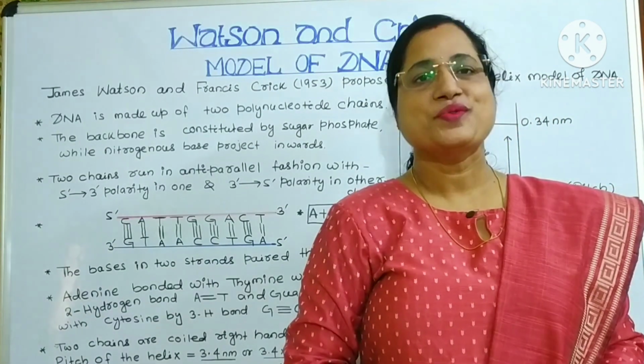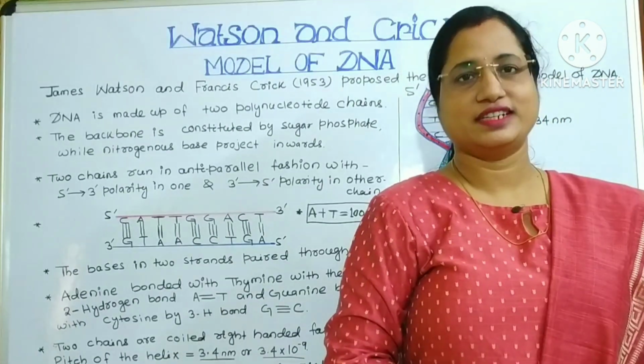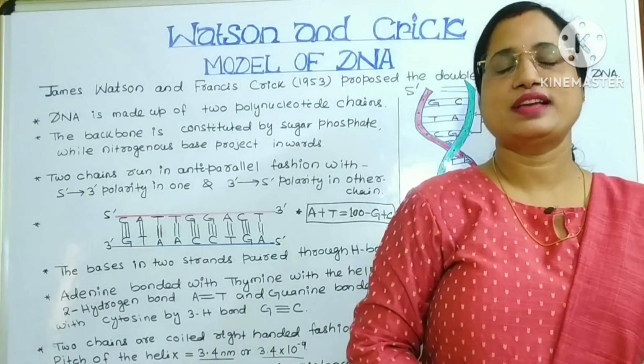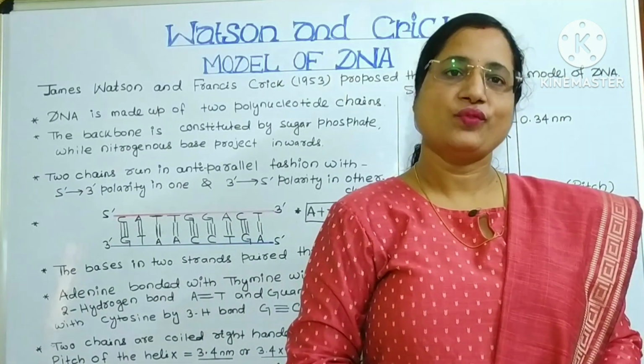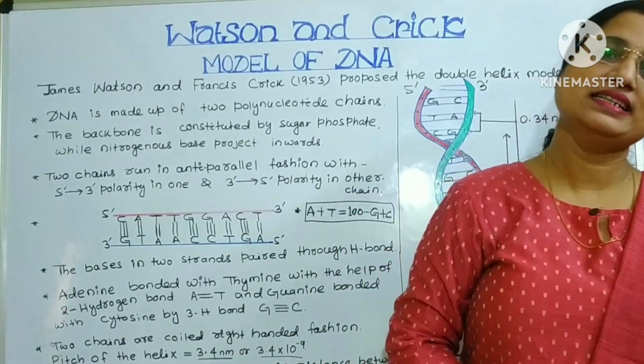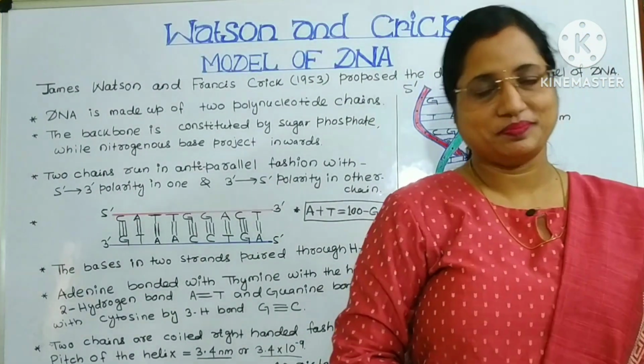Watson and Crick proposed the double helical structure of DNA on the basis of X-ray diffraction produced by Maurice Wilkins and Rosalind Franklin in the same year, that is in 1953.